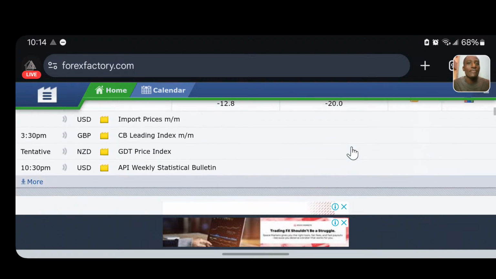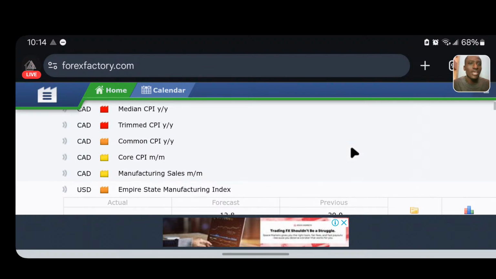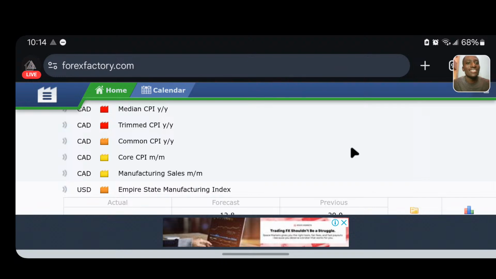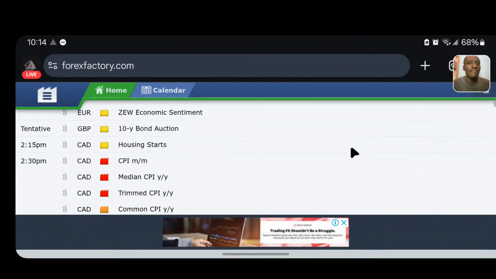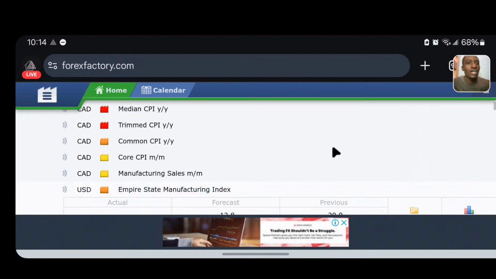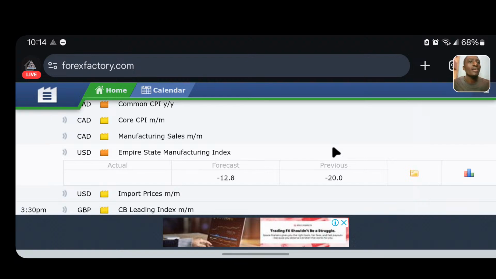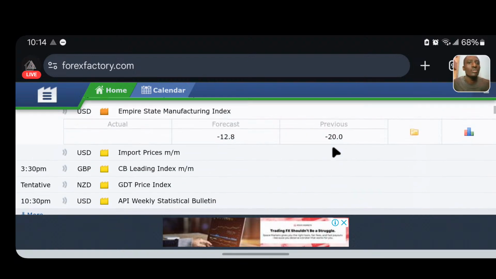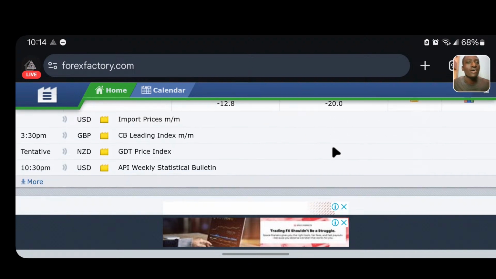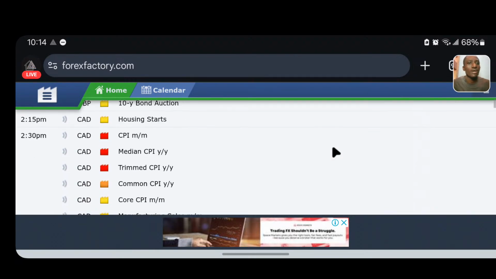For news today for USD, since we're going to be doing the gold USD breakdown first, we actually have, by the way, this is Central African time, at 2:30 the Empire State Manufacturing Index. We also have import prices, and at 10:30 PM we have the API weekly statistical bulletin, which will be 30 minutes before the market close.